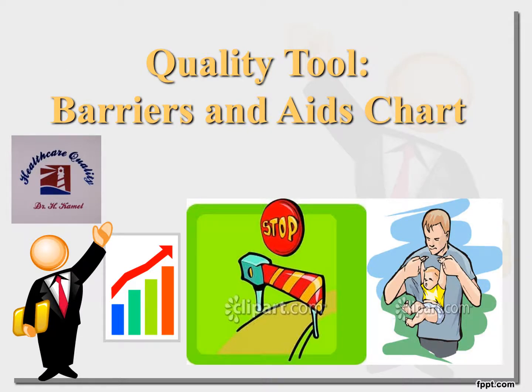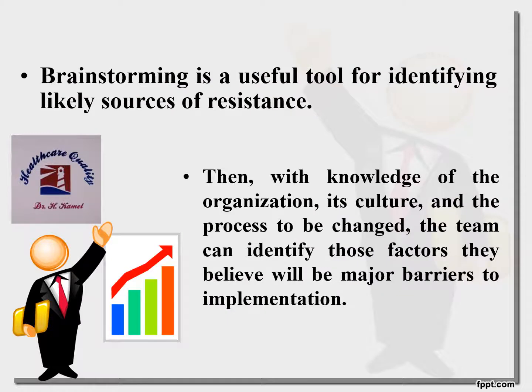Barriers and aids chart. Brainstorming is a useful tool for identifying likely sources of resistance. Then, with knowledge of the organization, its culture, and the process to be changed, the team can identify those factors they believe will be major barriers to implementation.